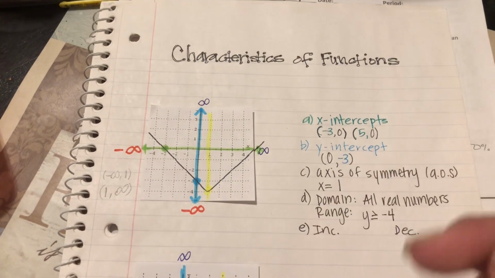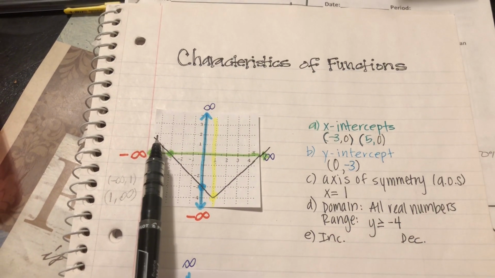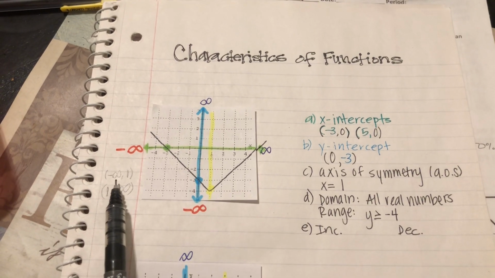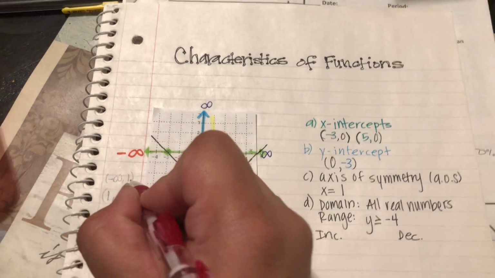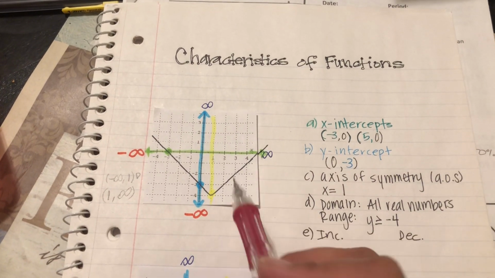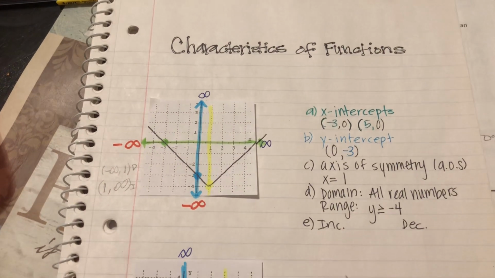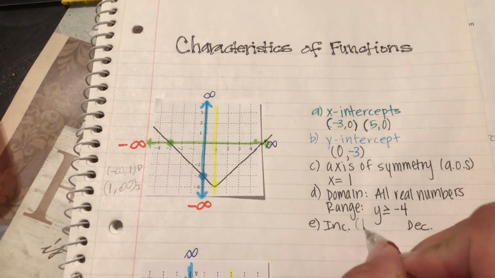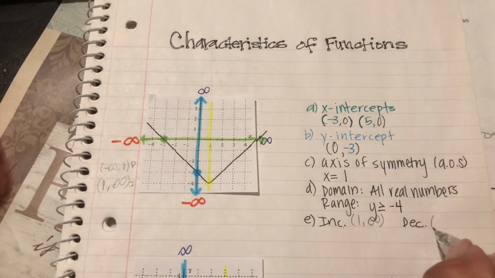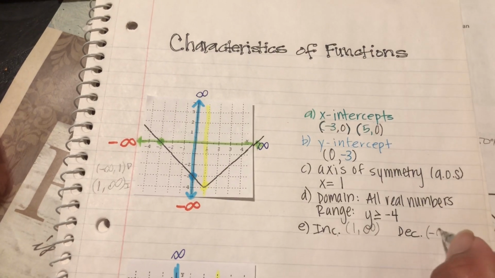If we have our little make-believe friend Panchito here, and he's coming this way, what is he doing? He is decreasing. So this one is decreasing. And from the 1 to the positive infinity, he is increasing. So I'm going to copy increasing, 1 to infinity. And my other interval, decreasing, would be from negative infinity to 1.